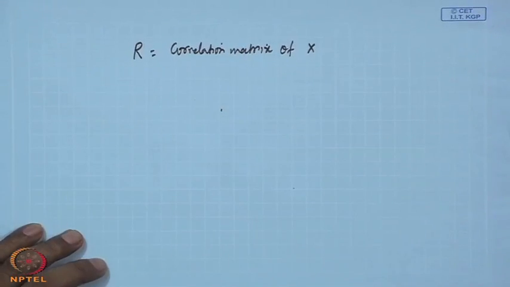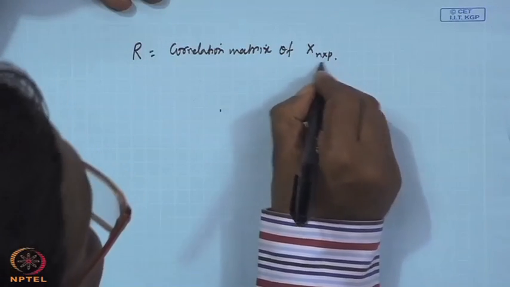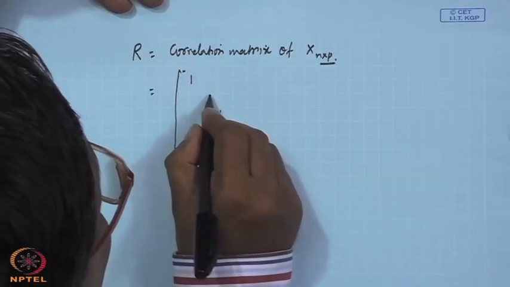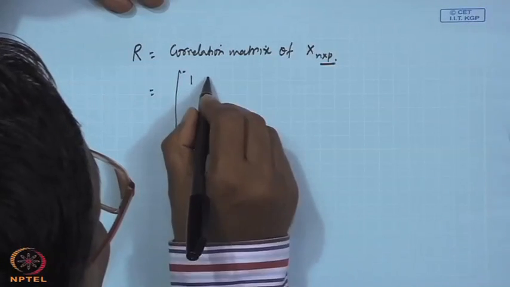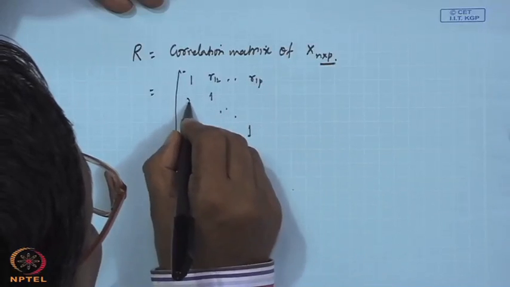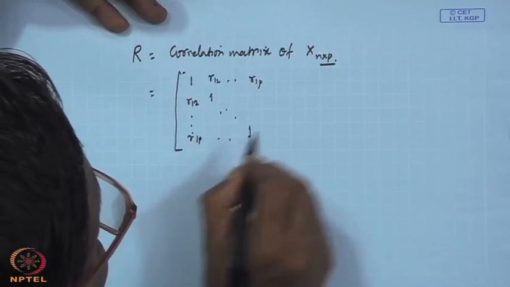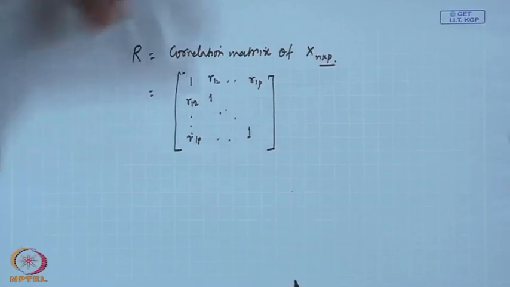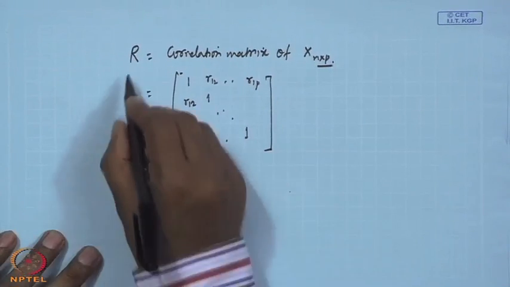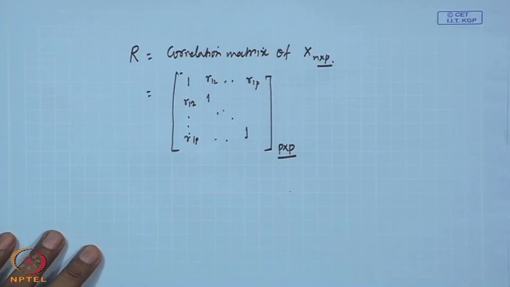We are talking about the correlation matrix of X, which is n cross p, so this is a P cross P matrix.